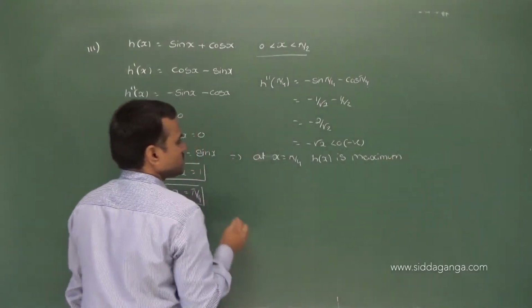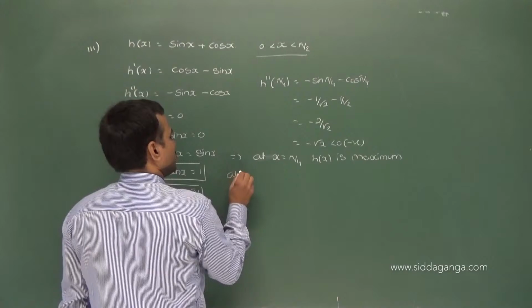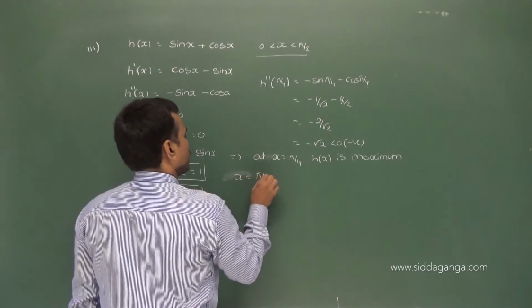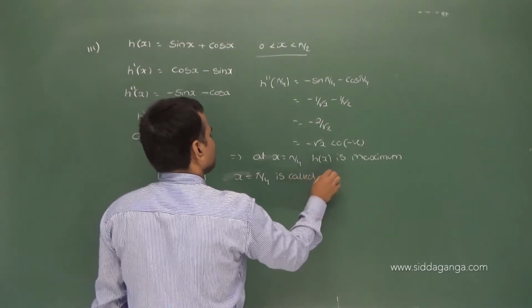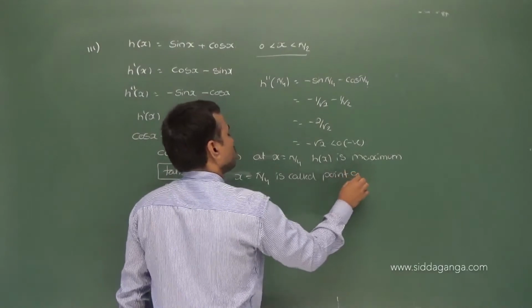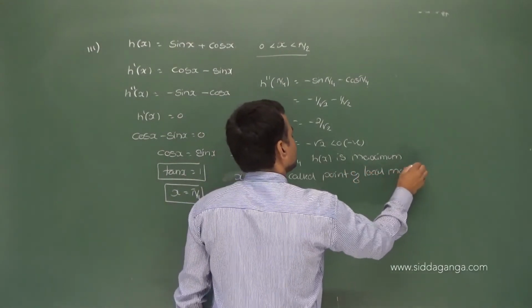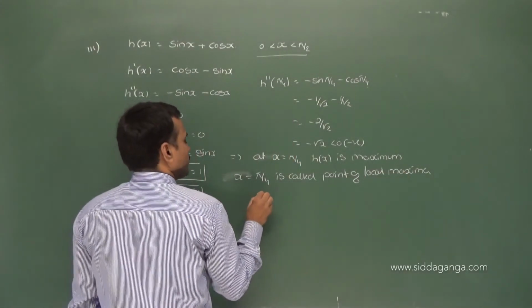Next line. X is equal to pi by 4 is called the point of local maxima. Point of local maxima.